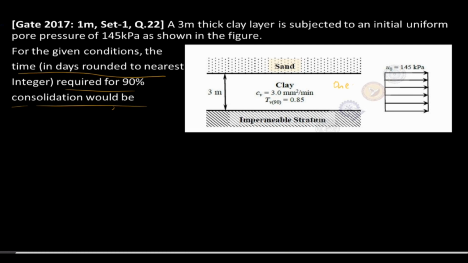So it is one-way drainage. As per Terzaghi, the equation for the time factor is given by TV equal to CV T by D square, which is Terzaghi's one-dimensional consolidation theory.